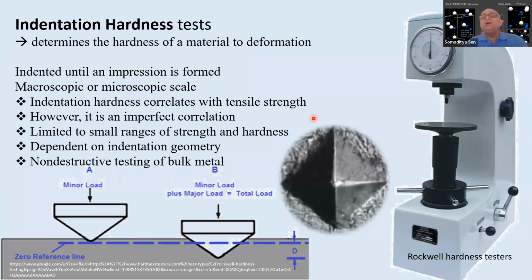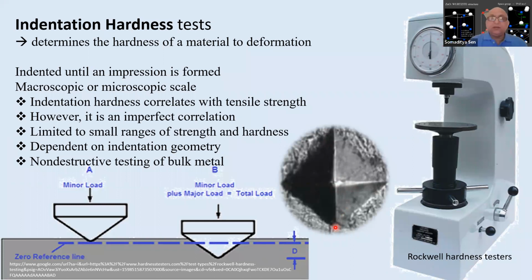If the bonds have become stronger, it will be a harder material. Okay, this we can test by putting a probe with a conical shape and a load. We can push it down, and by finding out how much it has penetrated the surface from a zero reference line, how much indentation has been made. By calculating the diagonals of this indentation, we can find out the hardness of this material. Okay, this is a non-destructive testing of bulk material.